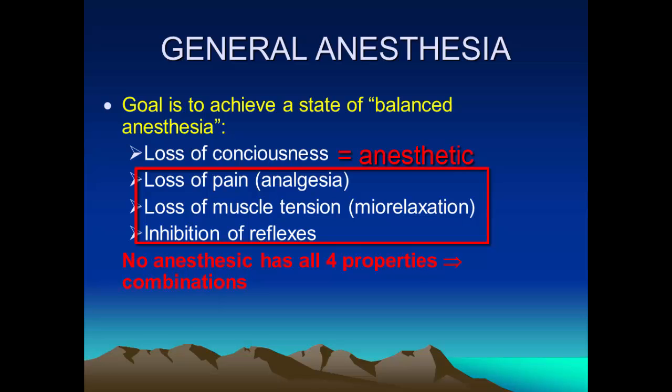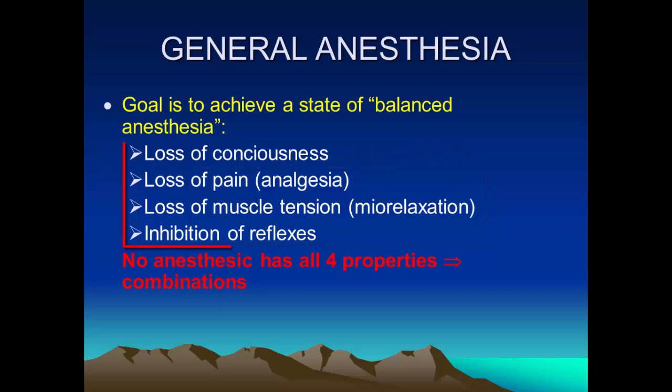It's going to be essential to abolish all pain sensations, create good muscle relaxation, and suppress most of those autonomic reflexes. So as you can see here, a state of balanced anesthesia requires not only a loss of consciousness, but also pain relief, which is what we call analgesia. The animal has to remain immobile with loss of muscle tension, and most, but not all, of the reflexes should be inhibited.